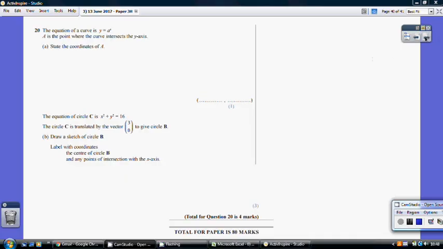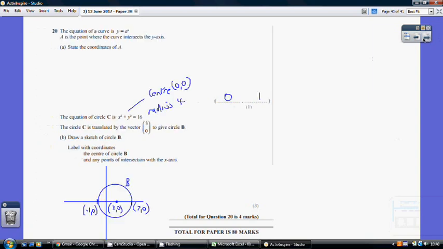Question 20. We've got the equation y equals a to the x. A is the point where the curve intersects the y-axis. So that is when we've got an x value of 0. So x equals 0. Well, any number to the power of 0 is 1.